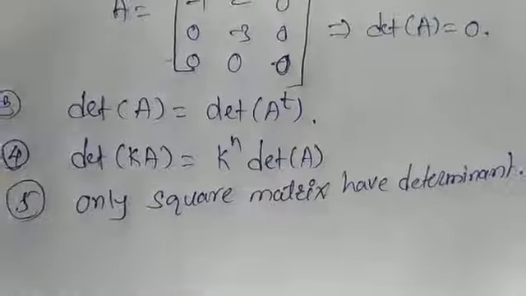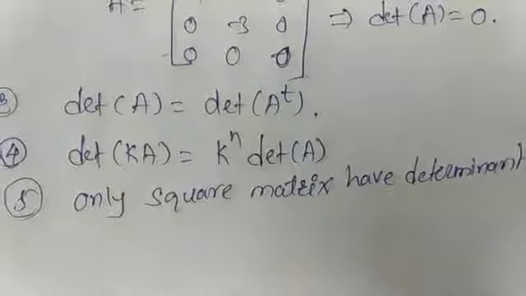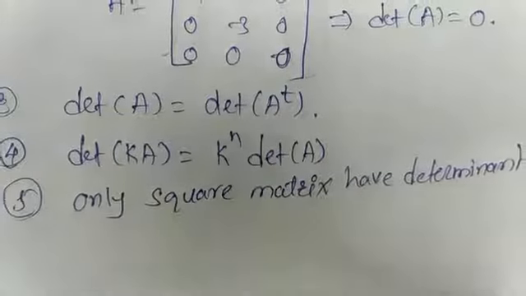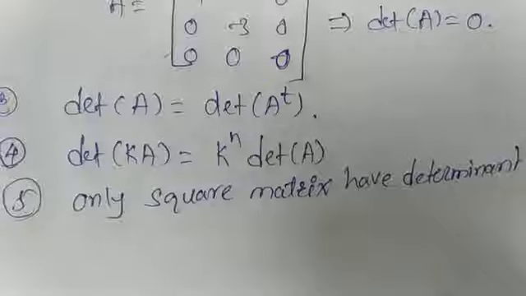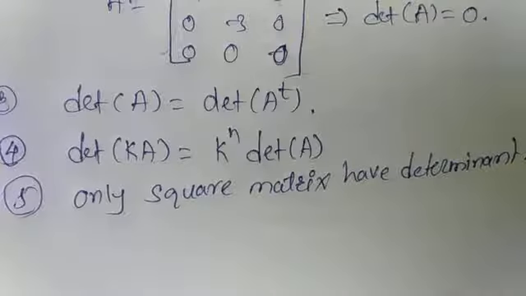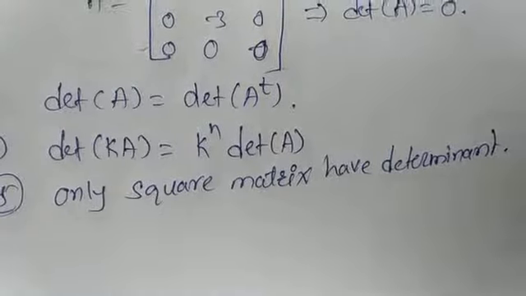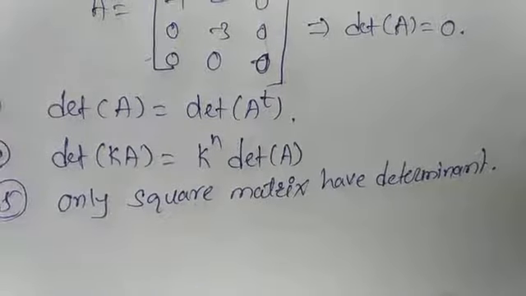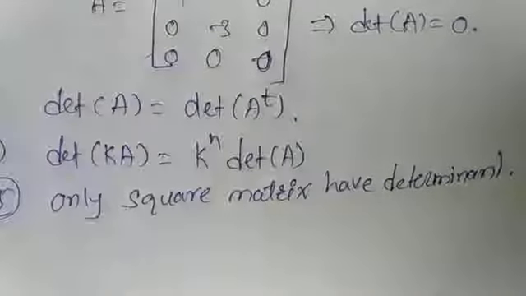So these are the properties of determinants, which we require for our next units in system of linear equations or in further calculations of the next unit of linear algebra. Okay, so this is an important part of linear algebra.